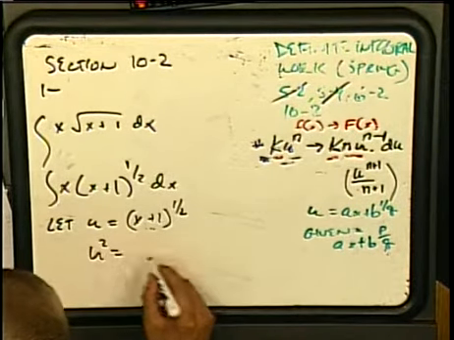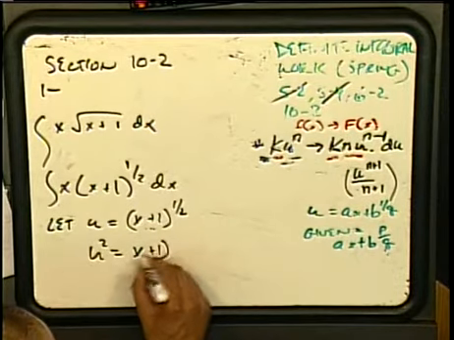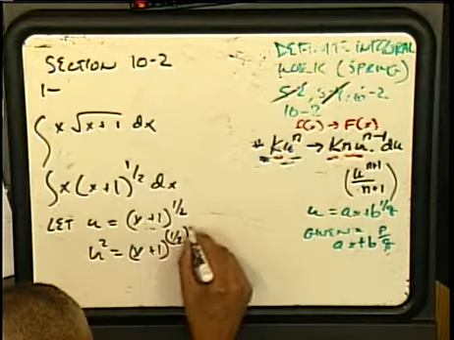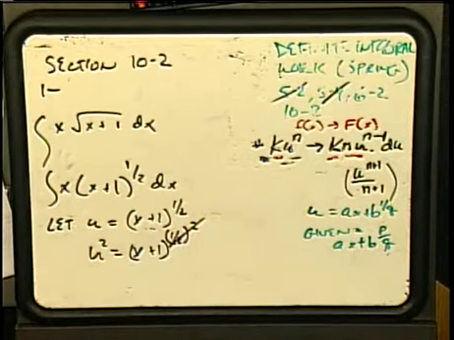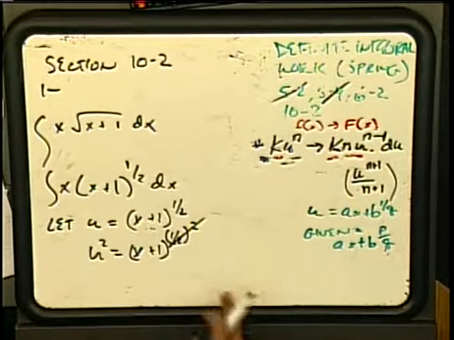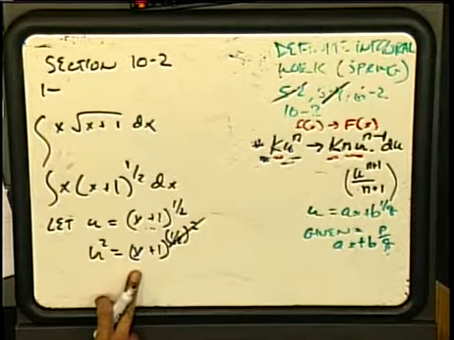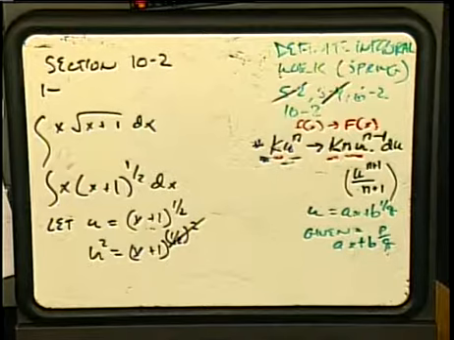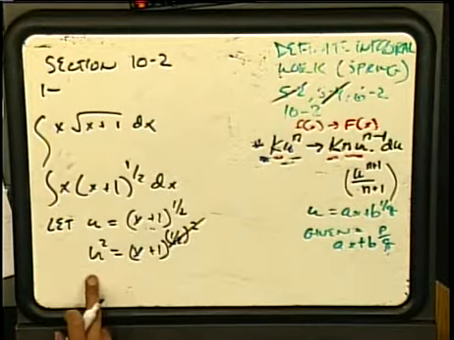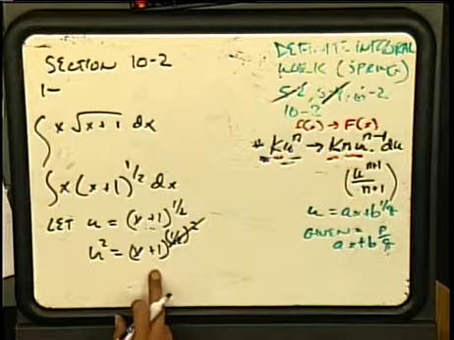So we're going to square u. u squared equals x plus 1 to the 1 half times 2, which means that cancels out. So you're left with u squared equals x plus 1. Square both sides, because you want u squared. And then after you get that, you want x.